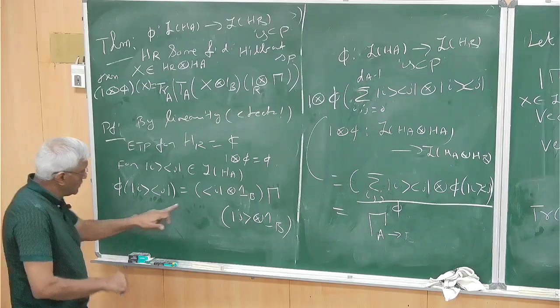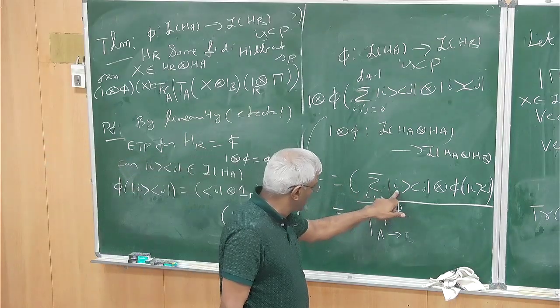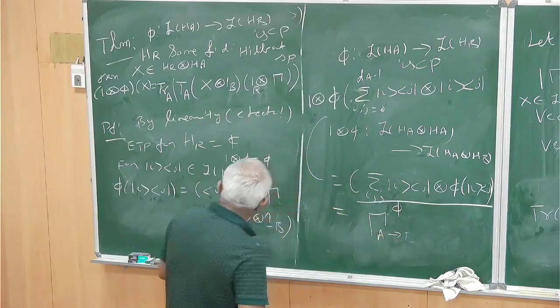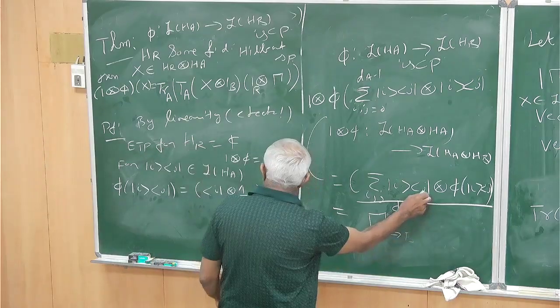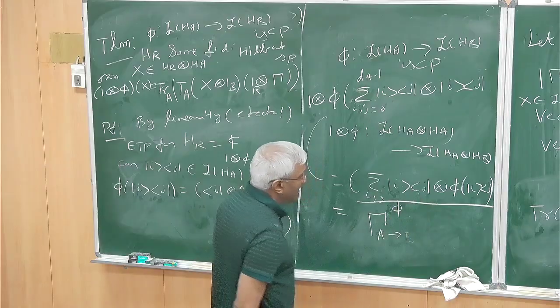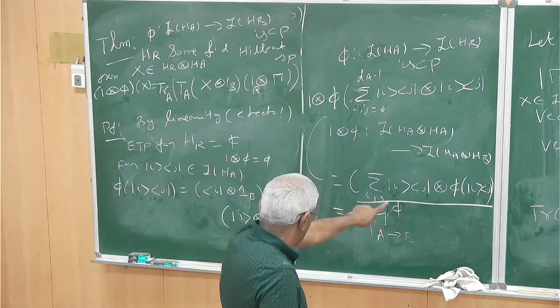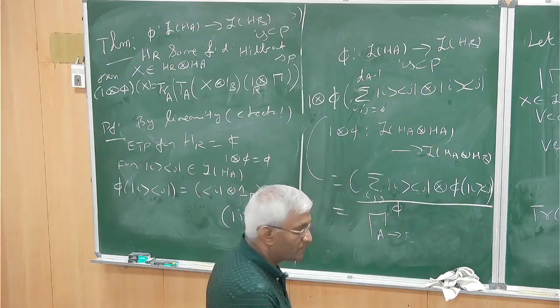If you hit it with i, it is only going to become 1 with this, and everything else is 0. And if you hit it with j, it will only get the j in the first coordinate, and everything else is 0. You will get a scalar times phi ij only.